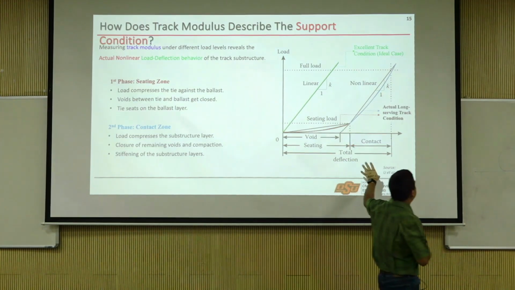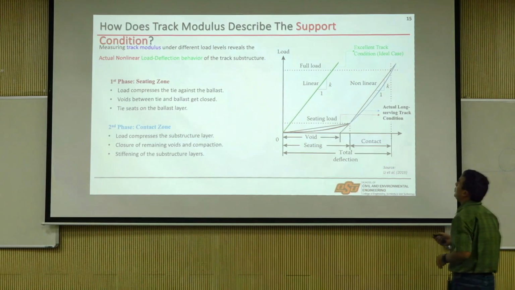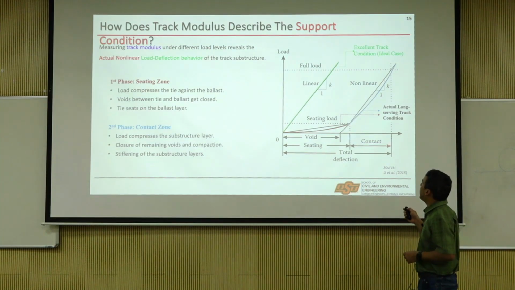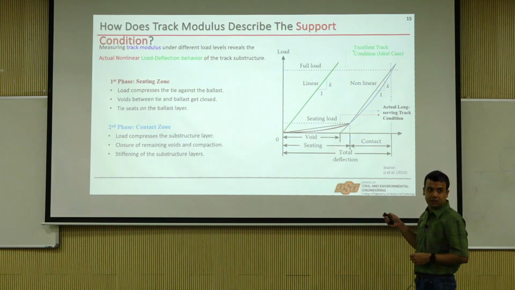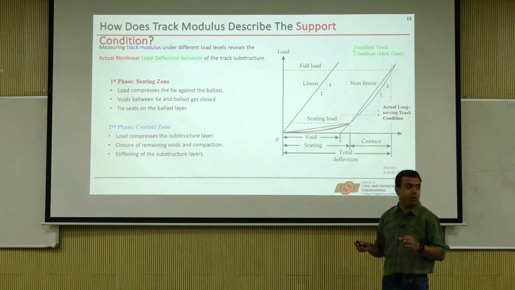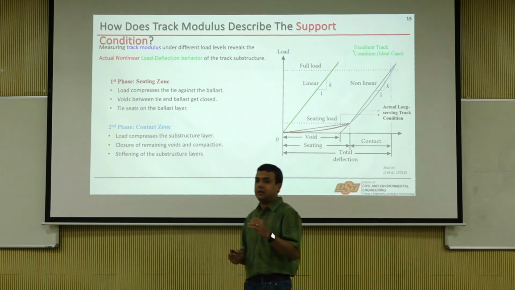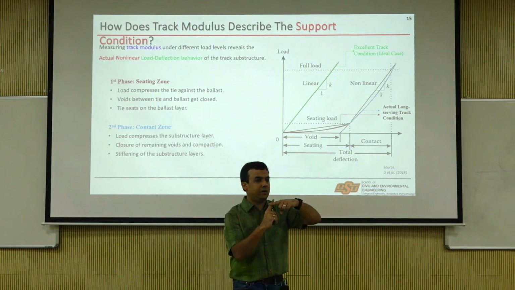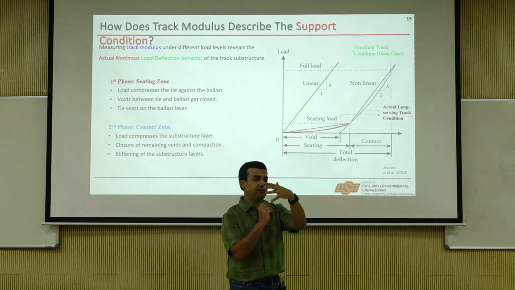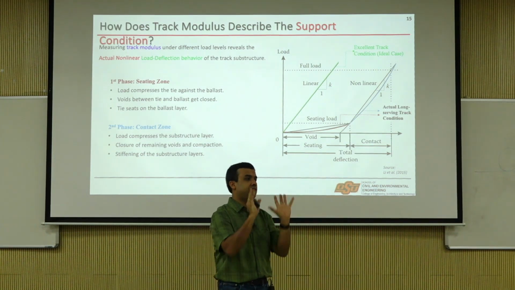So how does track modulus affect this? This is actually a very, very interesting plot. I want you to pay attention to this. The x axis is deflection, the y axis is load. Imagine the resistance, I'm talking about the resisting load, not the applied load, the load due to the system supporting.